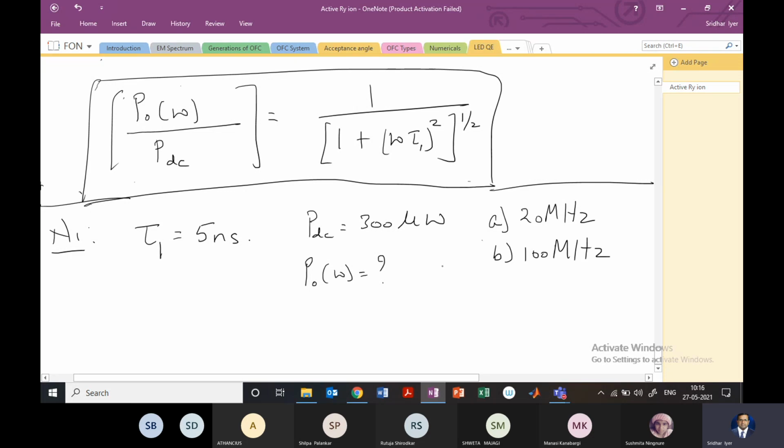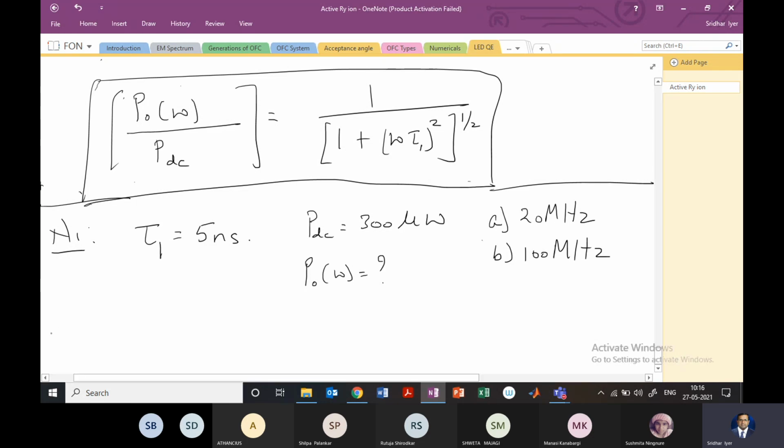It may be assumed that parasitic capacitance is negligible. And next, determine the 3 dB optical bandwidth for the device and estimate the 3 dB electrical bandwidth. That part we will do a little later.